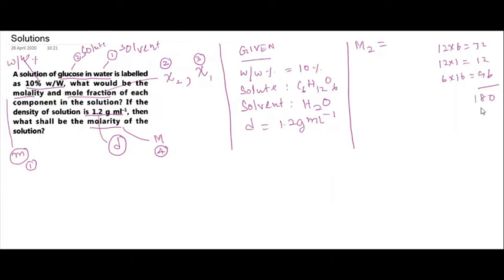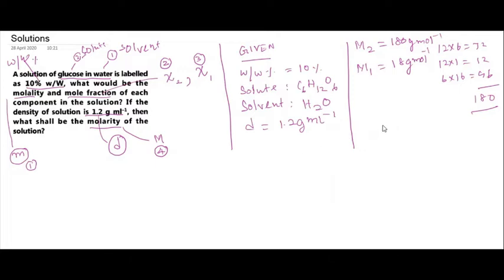So the molar mass of glucose is 180 gram per mole. Next we can find the molar mass of water, H2O, which we know is 18 gram per mole. These are the derived data, and one more thing given here is the density. Density is nothing but mass by volume. Now let us work out.